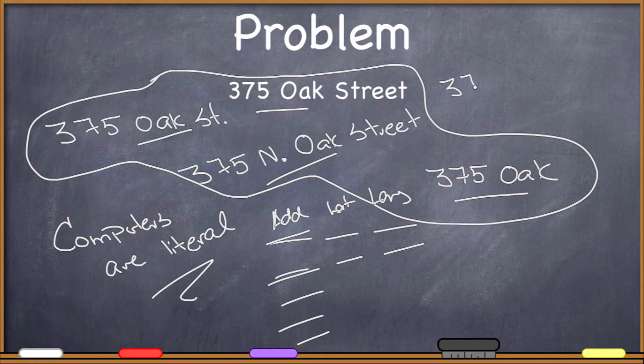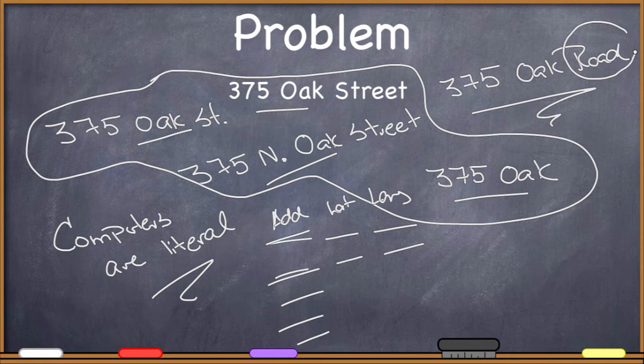If I get a letter that says 375 Oak Road, and it's in a particular town that's known, I bet that this is just a mistake. This person said Oak Road, but they really meant Oak Street.